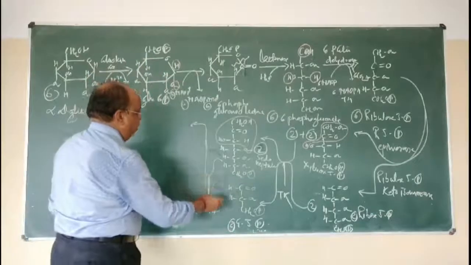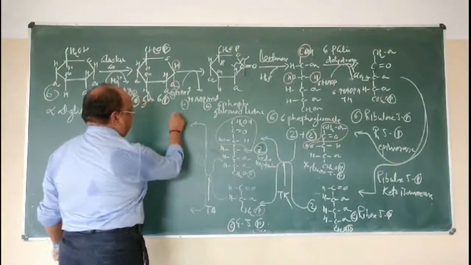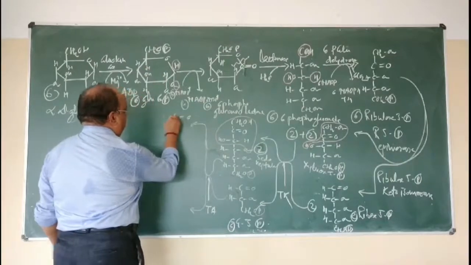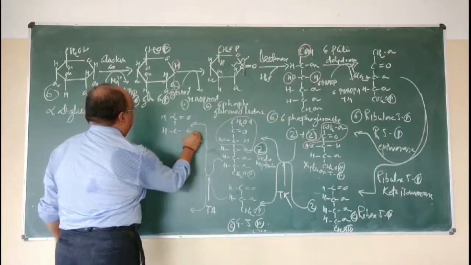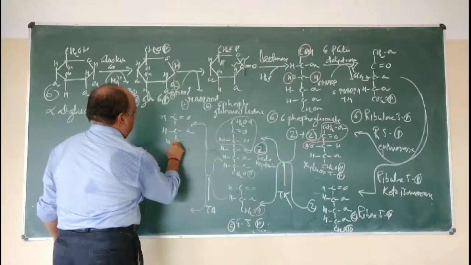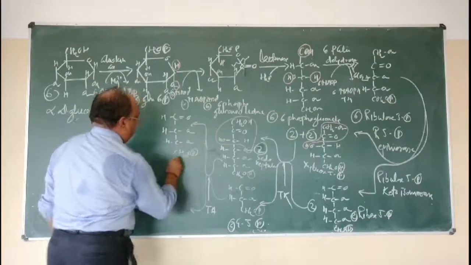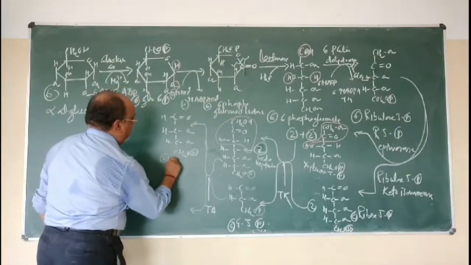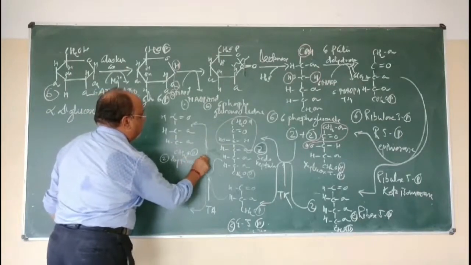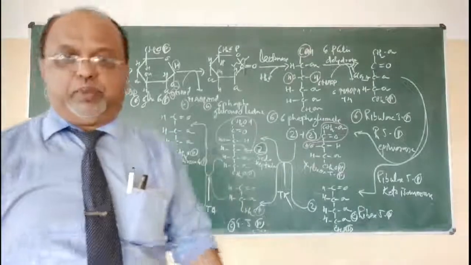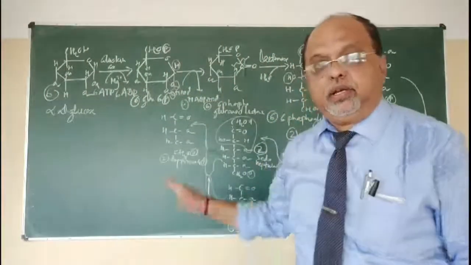So the structure becomes the remaining structure, CC in 4 carbons, C double bond O, H, COH, COH, and CH2OP. This is known as 2 molecules of erythrose 4-phosphate. Erythrose 4-phosphate.